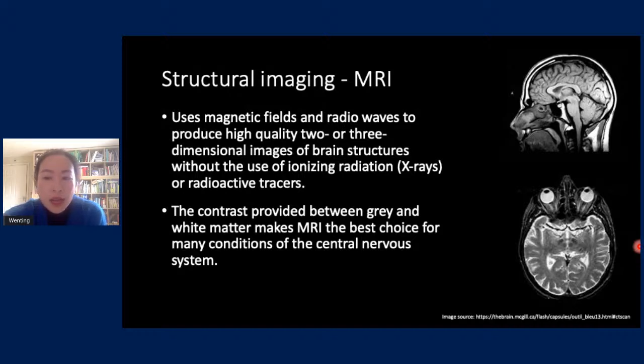CT is only limited to the axial section. The downside is that MRI scans typically take longer and are a lot louder as well. The contrast provided between the gray and white matter makes MRI the best choice for many conditions of the central nervous system. We will go into more detail about the MRI modalities because within the MRI field, there are also lots of other modalities involved.